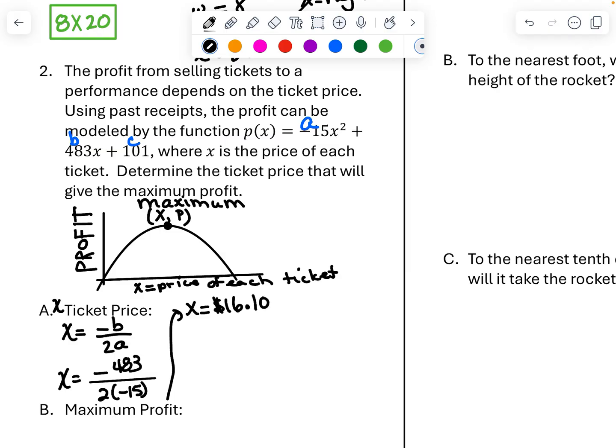Now we want the profit. Profit is equal to what you get when you put 16.1 in the problem. So that would be negative 15 times 16.1 quantity squared plus 483 times 16.1 plus 101. So we're going to put that in the calculator and see what we get.